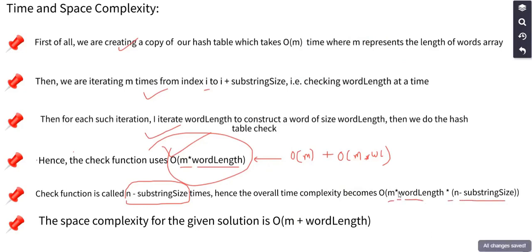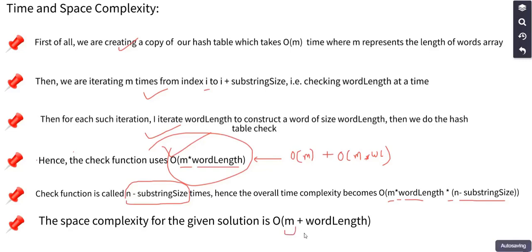Fine. Then the space complexity for the given solution would be big O of m plus word length. Why? Because we can see that we are using a hash map which stores entries equal to the number of words in the given words array. That gives me big O of m space complexity.